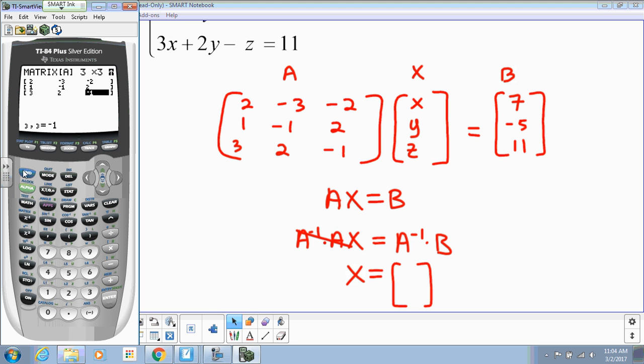And then I need to enter B in. And B is now a 3 by 1. Okay. Go back to your home screen and do A inverse times B. Hit enter, and there you go.